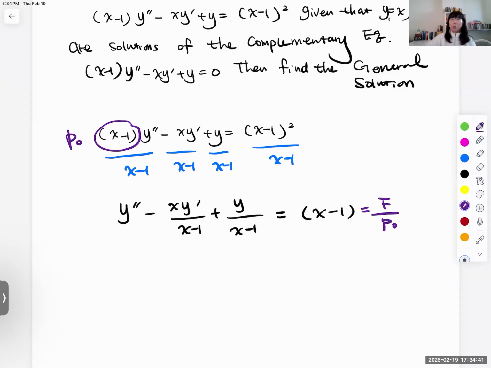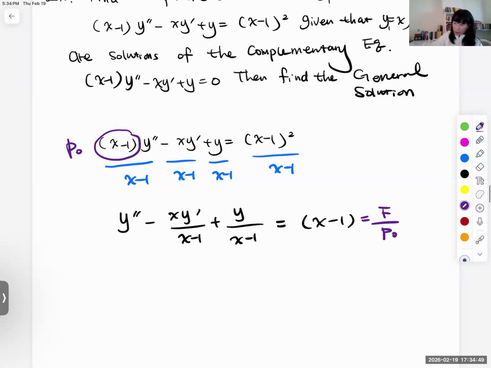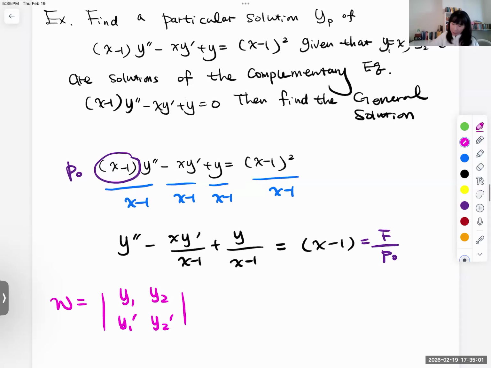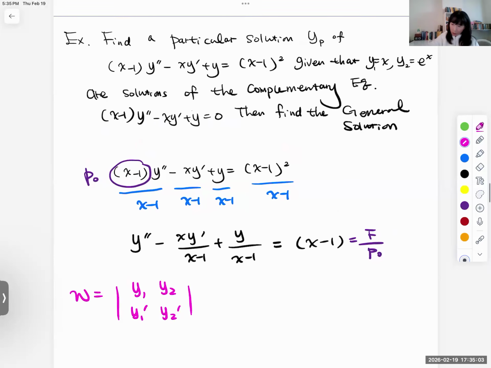All right, so let us use the Wronskian omega. So omega, which is y sub 1, y sub 2, y sub 1 prime, y sub 2 prime, right? Okay, so y sub 1 is given right there.